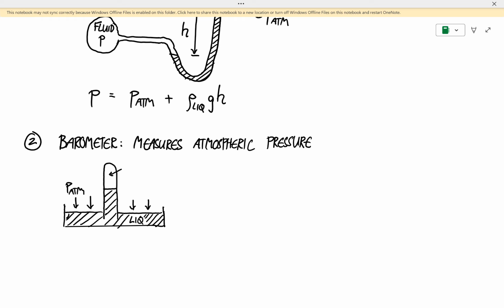Up here, the only pressure in this enclosed part is the vapor pressure of the liquid. That's just the pressure of the liquid that's boiling off, and they'll use a liquid where this vapor pressure at that temperature is basically zero.